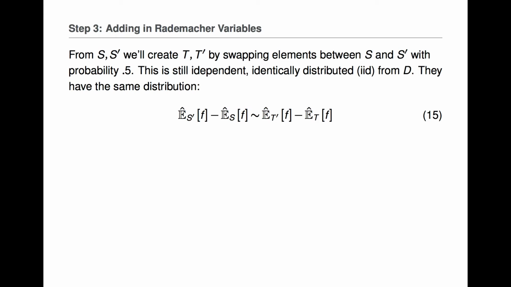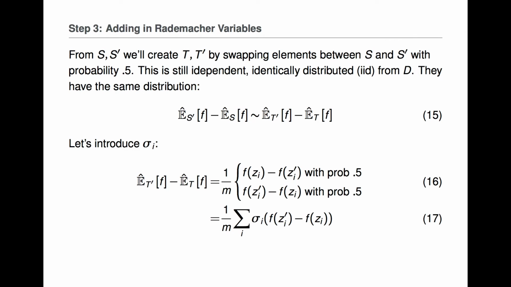So they're identically distributed, and thus their difference is identically distributed. They're still basically the same thing. And so let's introduce a coin flip sigma i that says whether we flipped an element between S and S prime or not. So with probability 0.5, you don't swap, and with probability 0.5, you do swap.